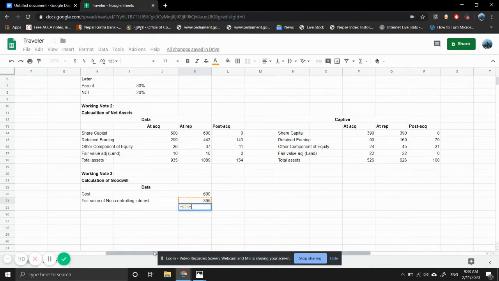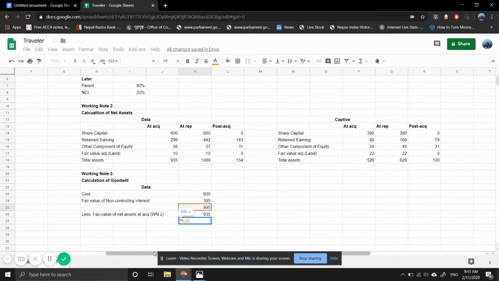So this plus this will be our subtotal less fair value of net assets. Always fair value, right? Net assets at acquisition, which is from working note number 2, this figure will be basically this figure, right?